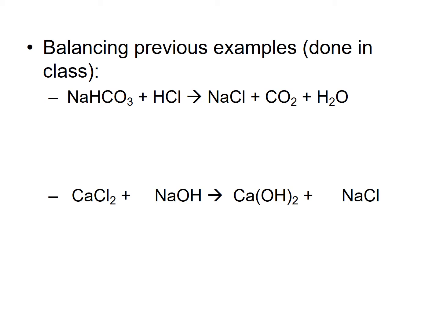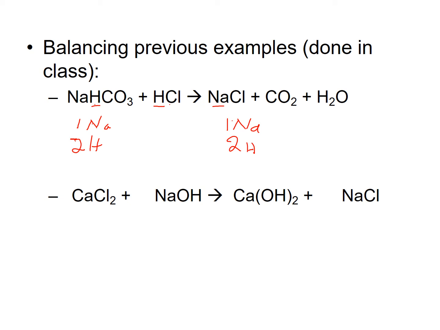There's one sodium atom on this side and one sodium atom on this side. And hydrogens: there's a hydrogen in this formula unit, and a hydrogen here, and there's two in this water molecule. So two hydrogens here, two hydrogens here.